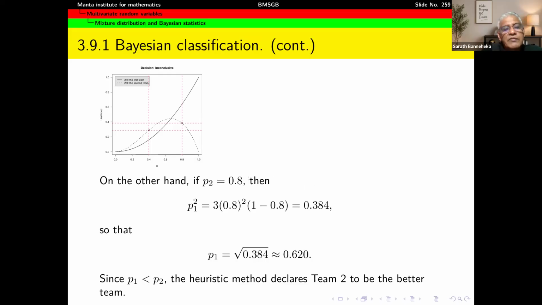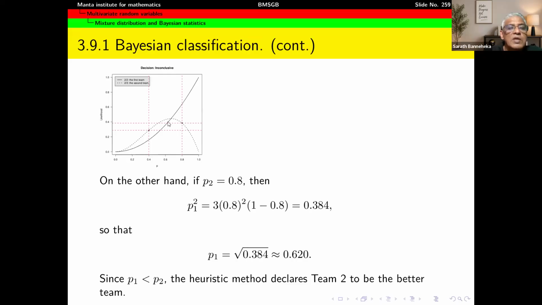But on the other hand, if we take, for example, P2 to be 0.8, this is the height of the likelihood L2. The value of P1 where L1 has the same likelihood is somewhere close to 0.6. P1 is equal to 0.62, somewhere here, right?